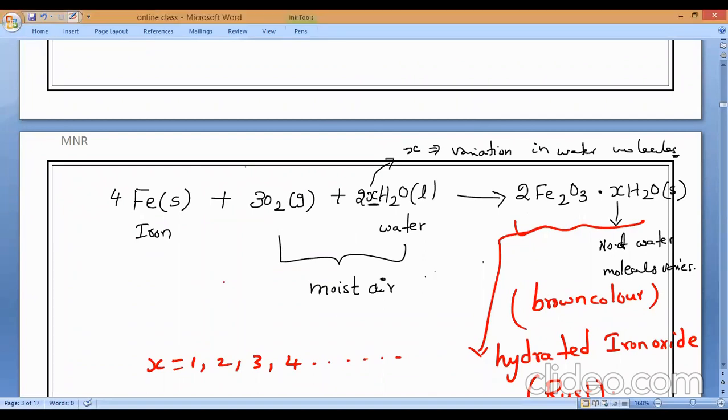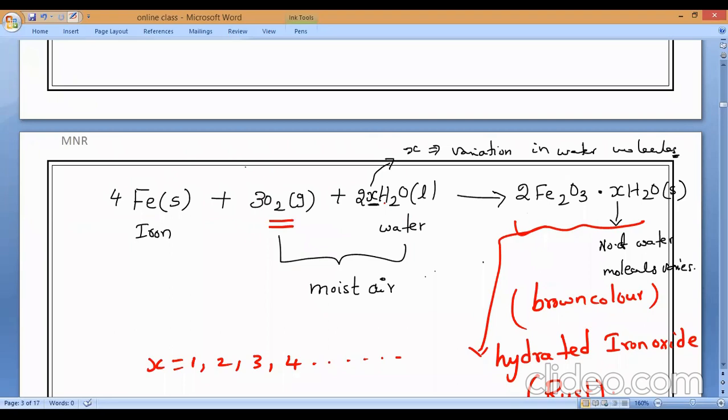So kindly write it. This is what we call rusting of iron. Okay, guys, any doubt? So when the iron is exposed to the atmosphere, it will react with two atmospheric gases. What are those, guys? One is oxygen, and another one is water vapor, not hydrogen, water vapor.